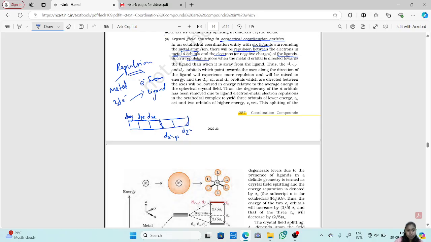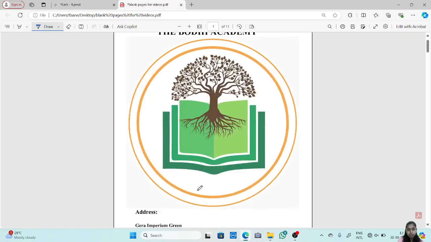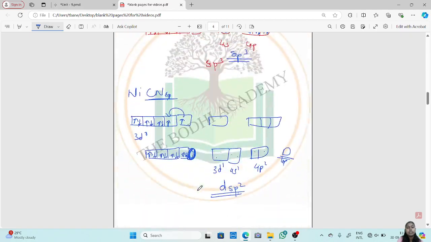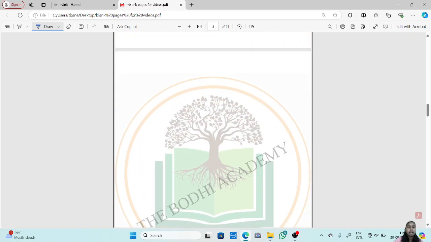These last two orbitals are along the axis. How do we draw the axes of d orbitals? Now dxy, this is y and this is x, so it will be in between. Now dyz, again z and y.